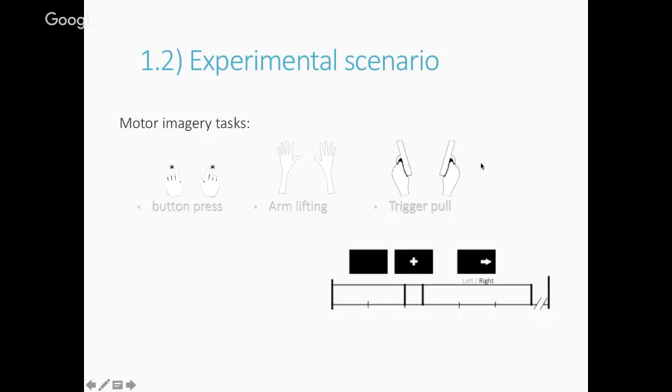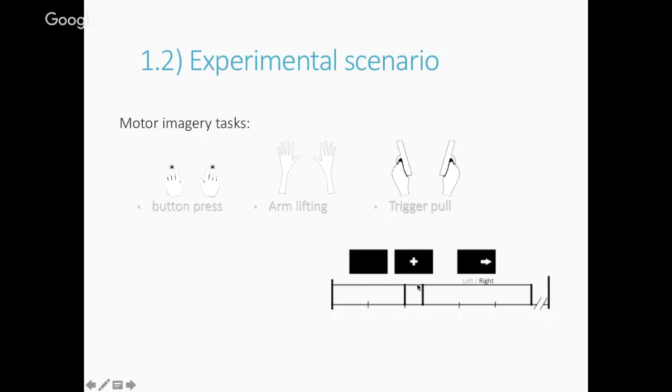The paradigm is with repetitive stimuli, and it considers 3 types of periods. The first one is relaxation, consisting of 2 seconds.